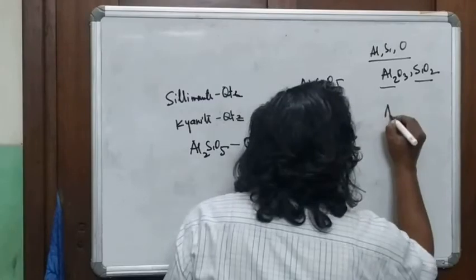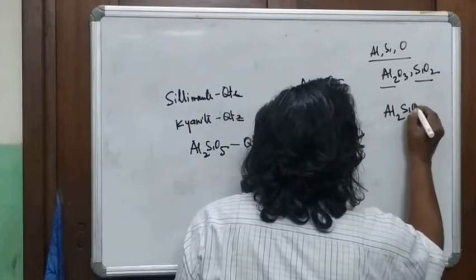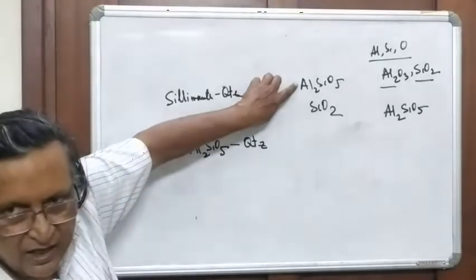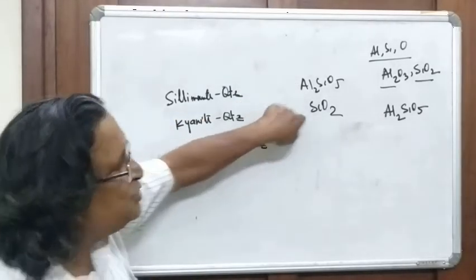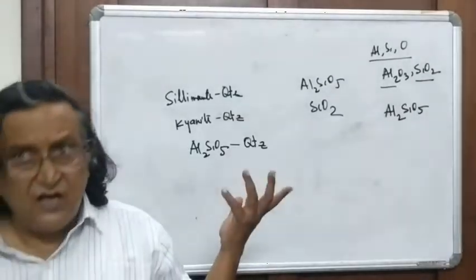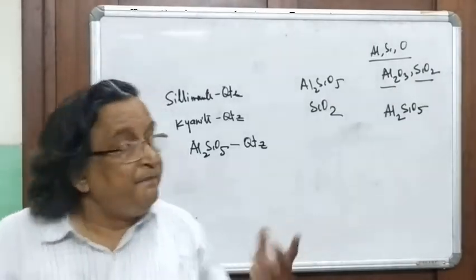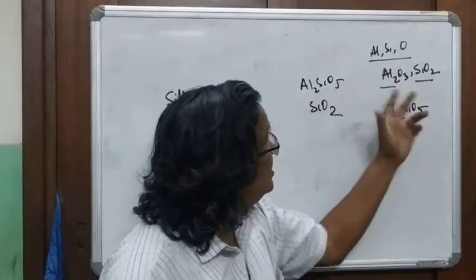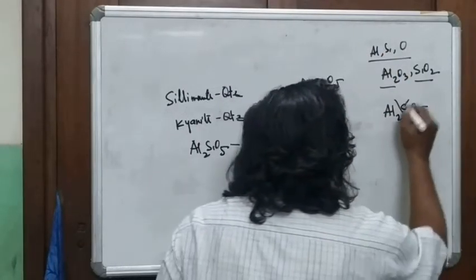But if I take Al2SiO5, then I can write this as 1 Al2SiO5, but I don't have anything for SiO2. So this is out of question.